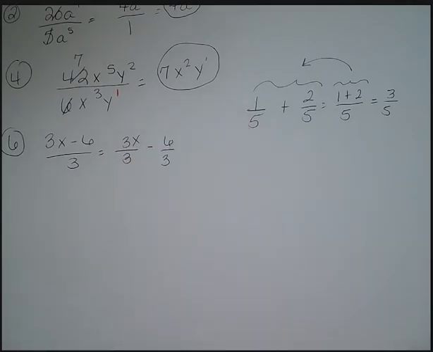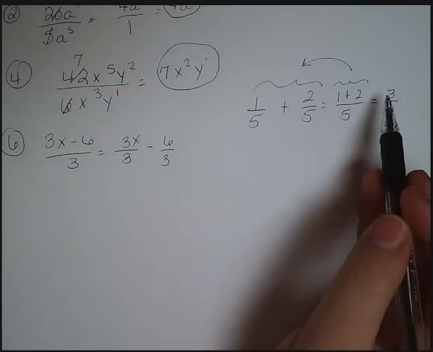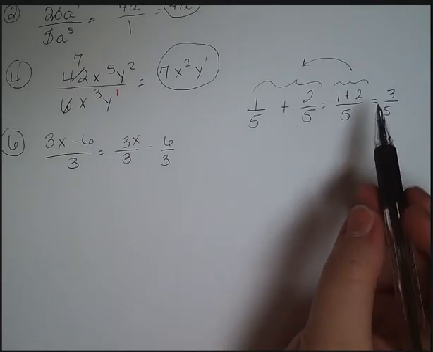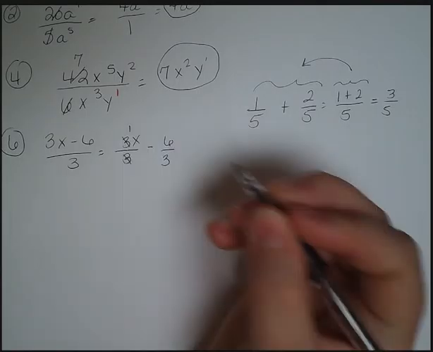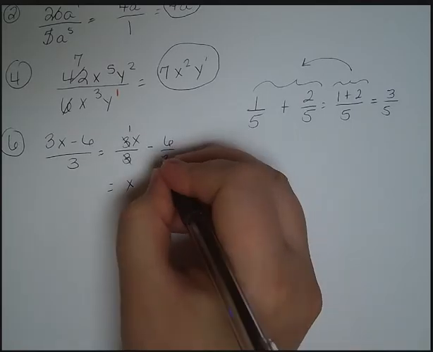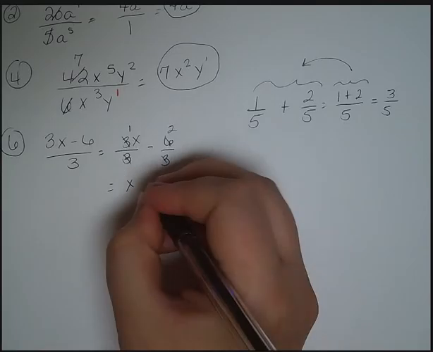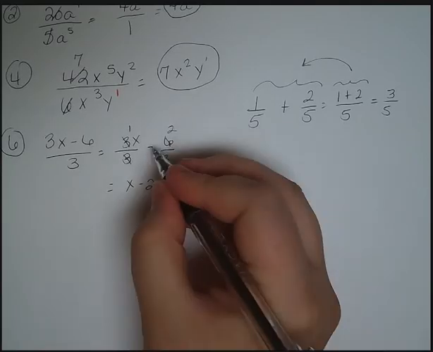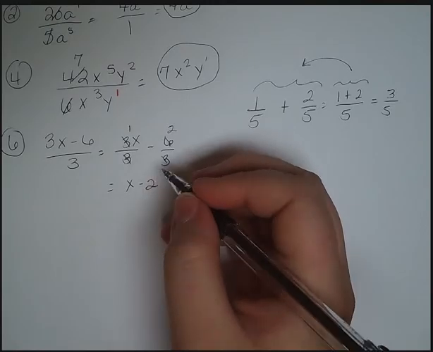Okay, and we can do that because of what I just showed you right here. So now you simplify. 3 goes into 3 one time, leaving you with just an x, and then 3 goes into 6 two times, which leaves you with a minus 2 right here. So our final answer is x minus 2.